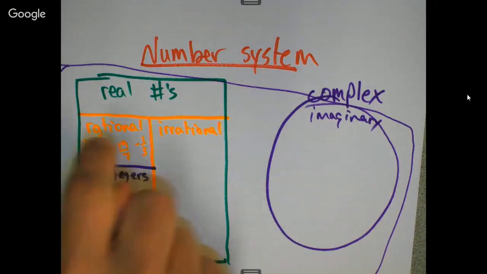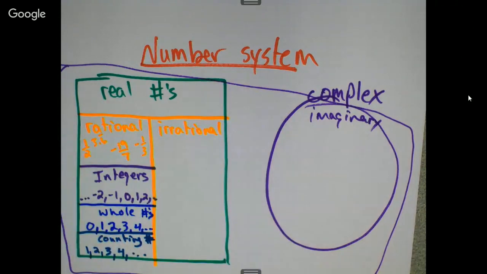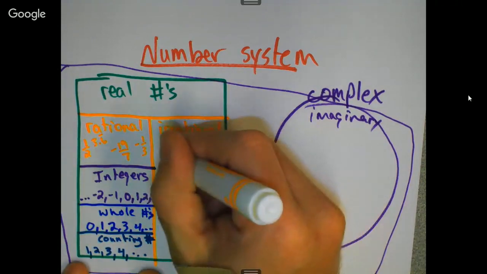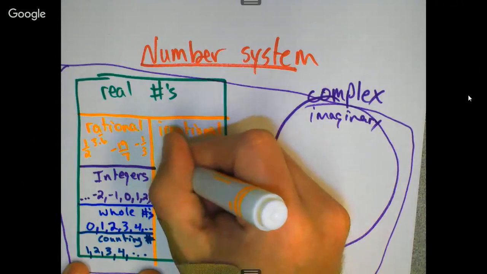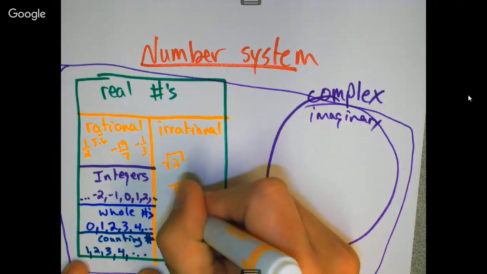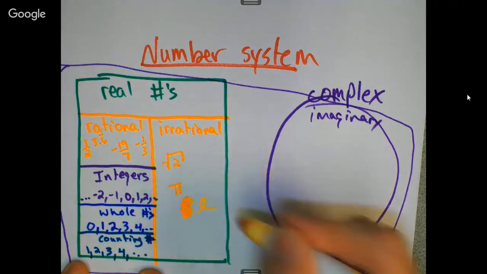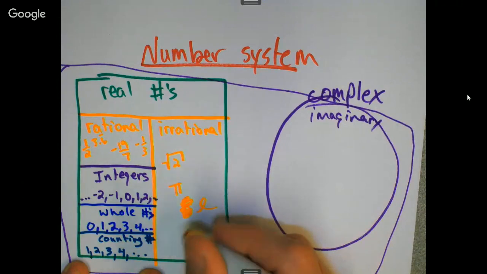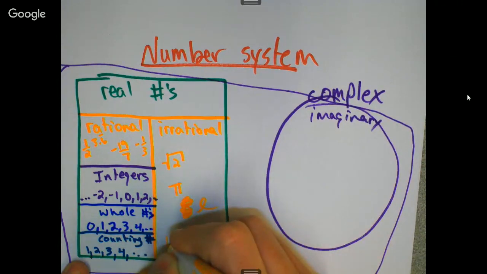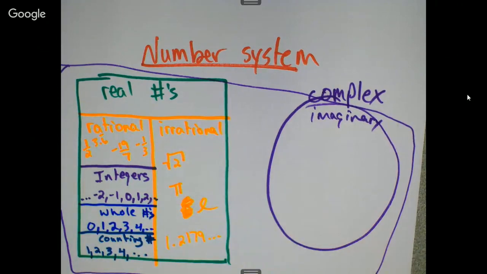If it cannot be put into a fraction, it is called an irrational number. So we have such things as the square root of 2, we have pi, we have i, we have e, and we have just a ginormous decimal here, and it keeps going on forever. So things that cannot be put into a fraction are irrational.